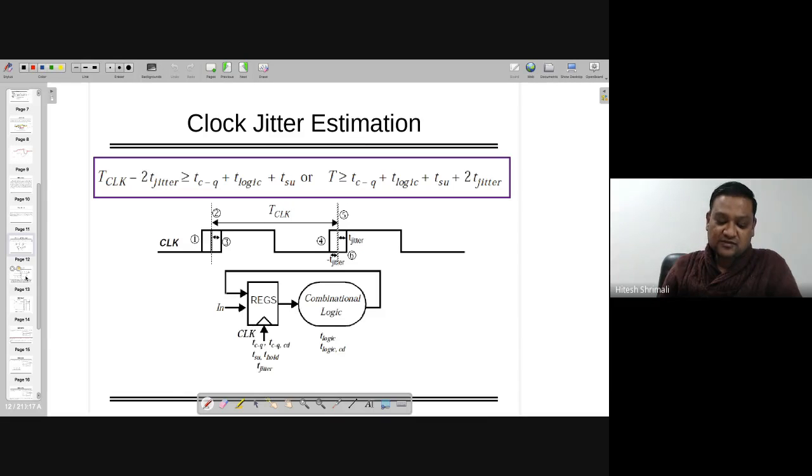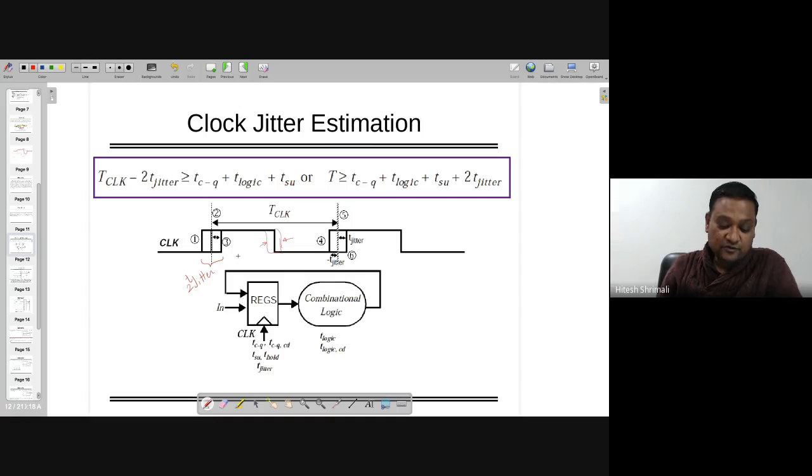Now, as we have studied about jitter, it happens at high frequency, and you might see that going from 0 to 1 and 1 to 0 might not give you the same answer. Every time there will be some fixed time interval error, so the same thing has been drawn over here. Jitter will have plus and minus values, so plus and minus 2t jitter will be there in total.